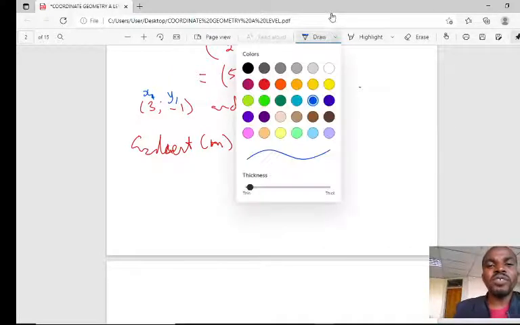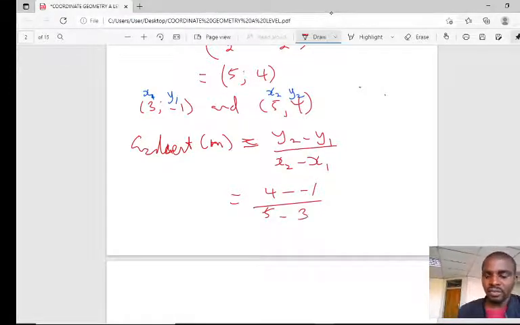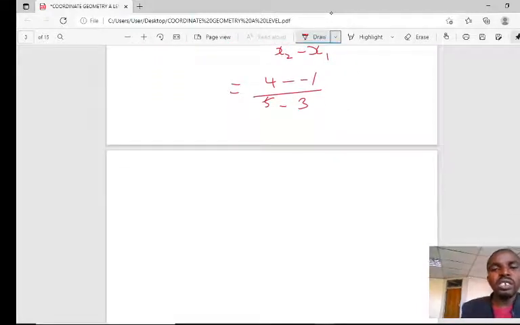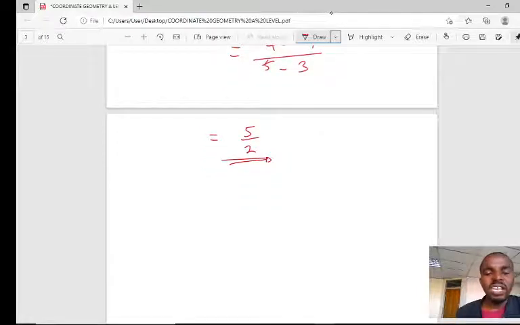Then to find the equation of a line, we just substitute. So first the gradient: y2 is 4 minus y1 which is -1, over x2 is 5 minus x1 which is 3. Right, let's move on. 4 minus minus 1, what do you get? It's actually 4 plus 1, which is 5. Then 5 minus 3 is actually 2. So this one is the gradient. Now we want to find the equation.